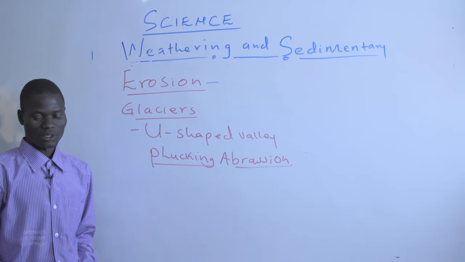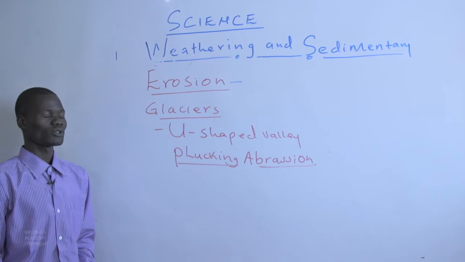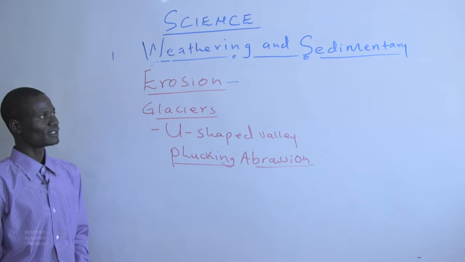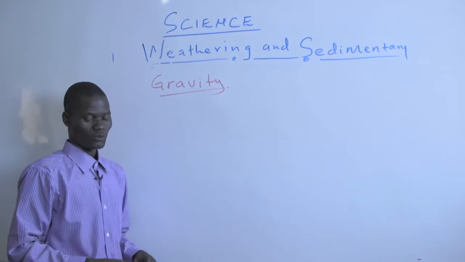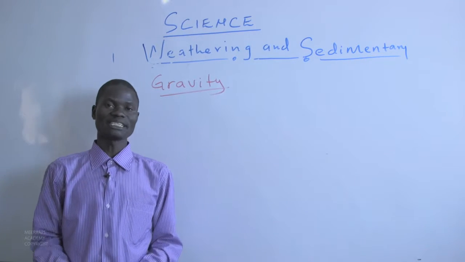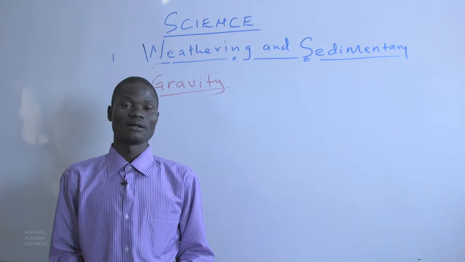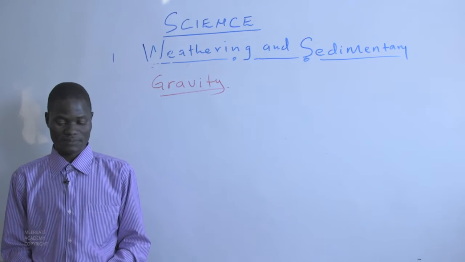Therefore, we'll also look at gravity. Gravity also influences the process of weathering, and at the same time erosion. Some materials may be moved from one place to another under the influence of gravity.